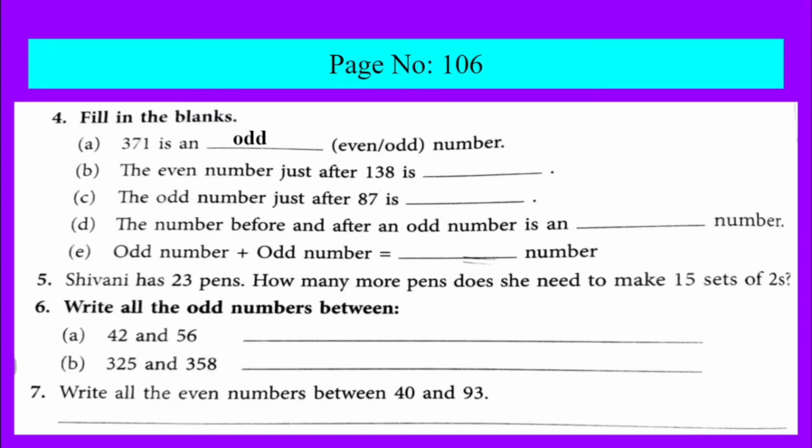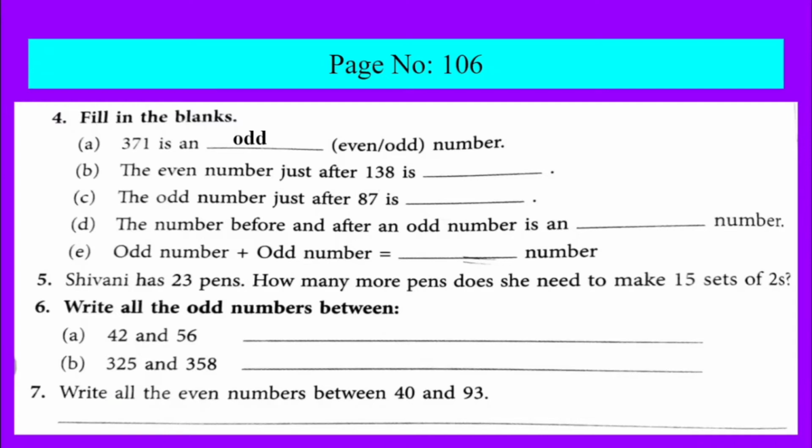Now let us do the B part. The even number just after 138 is dash. So children, which number comes after 138? Yes, 139. So is 139 an even number? No, 139 is an odd number because it ends with the number 9.